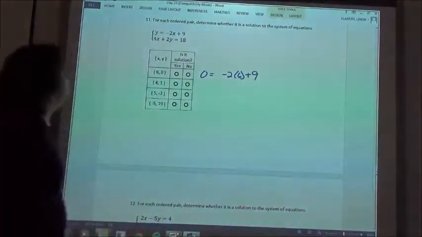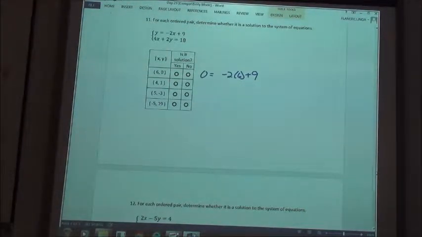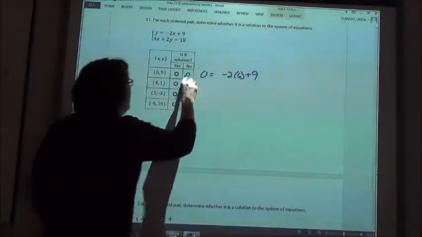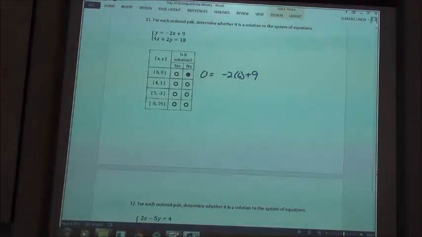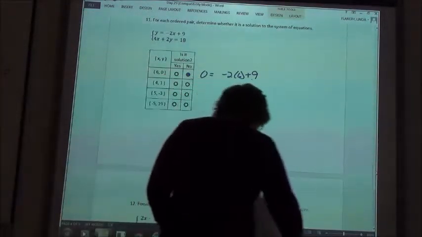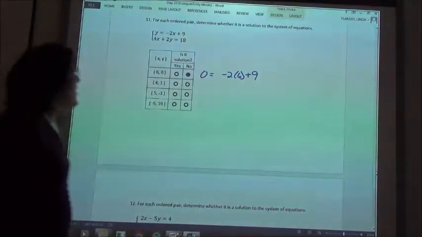And does that equal 0? It's negative 3. So we don't have to check the second line. It didn't work in the first line. So then we can hop to the second point.